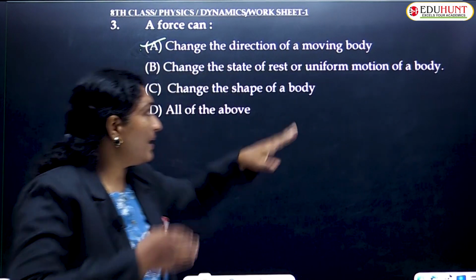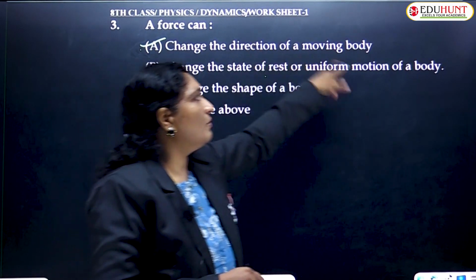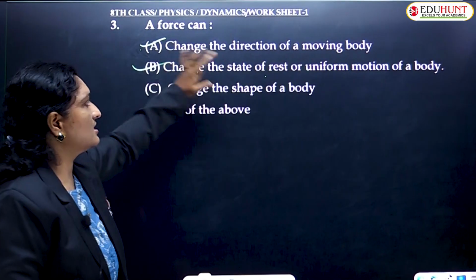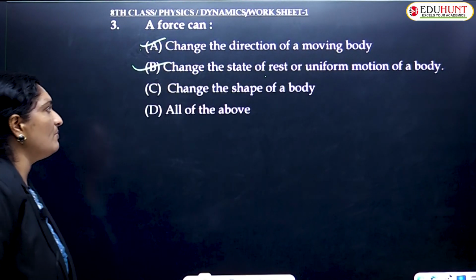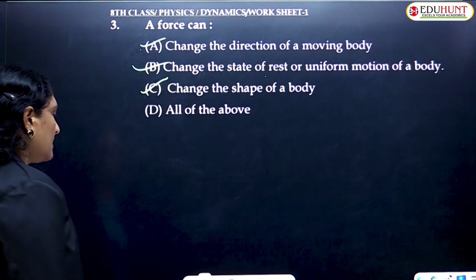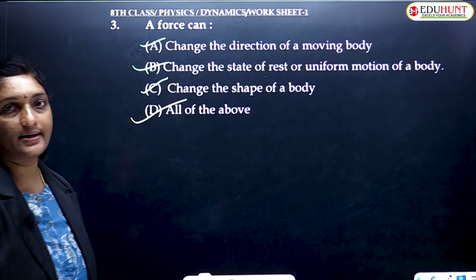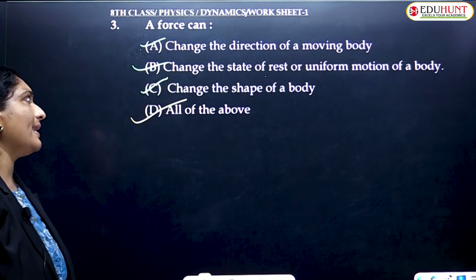So it can make a rest body move or a moving body stop, changing the state of rest or uniform motion of a body. It can also change the shape of a body. So what is the correct answer, children? All three are true. Hence, your correct answer is the fourth one, that is, all of the above.